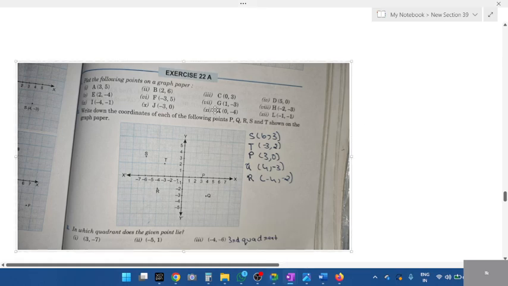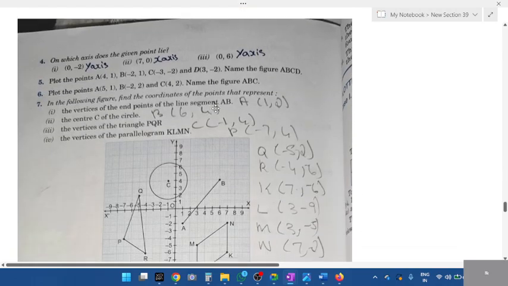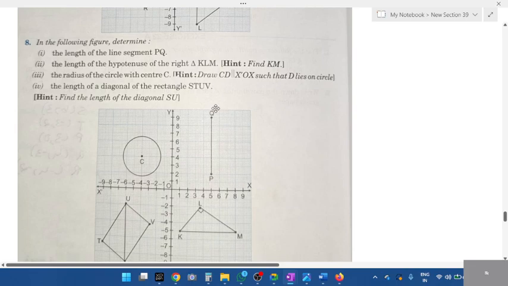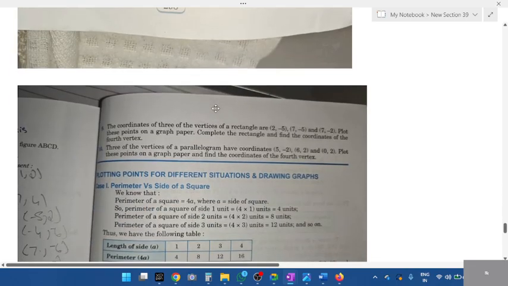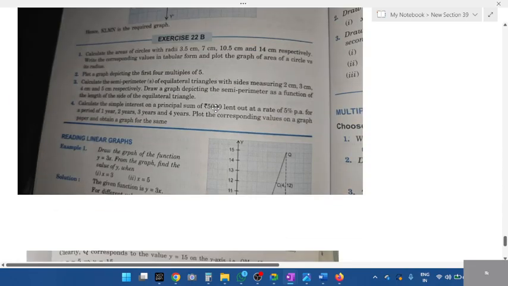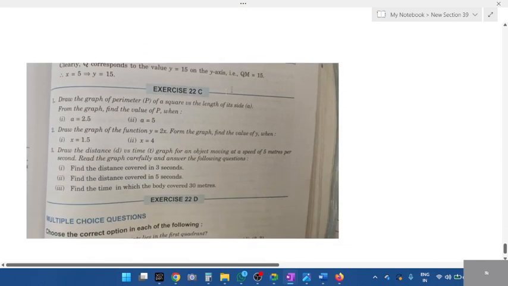Okay, this is exercise 22A, right? Then what else? What about 22B students? B is cancelled. Voice is breaking. What about 22C? Even this one, third one?